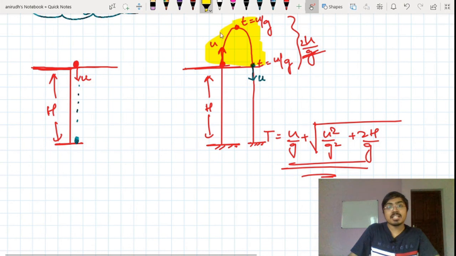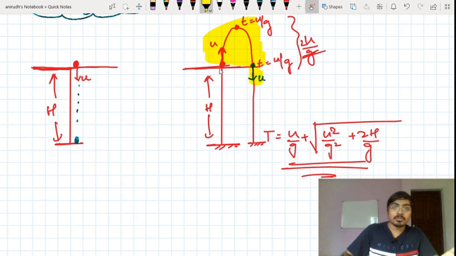If I just subtract this much part, I will get this. Why? Because the initial velocity over here is u. When it comes to the same level of the tower, its velocity is again u. So this entire motion minus the topmost part is this motion.